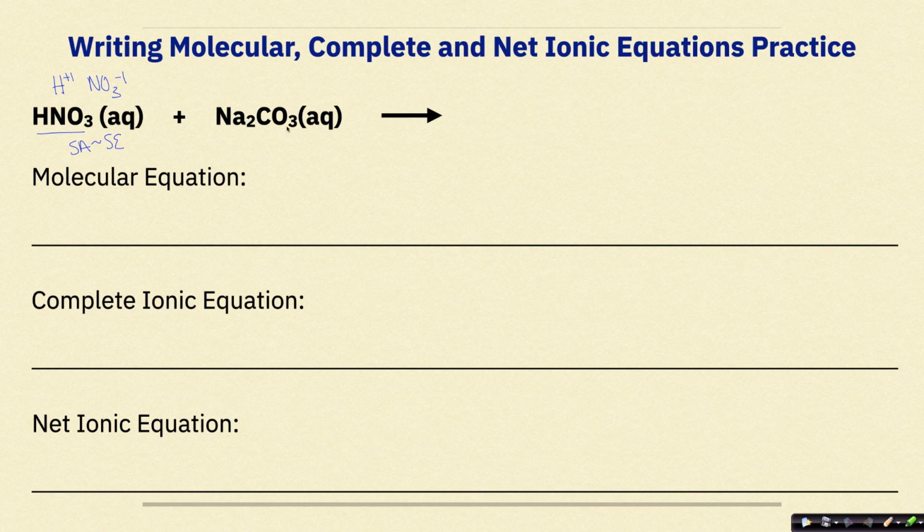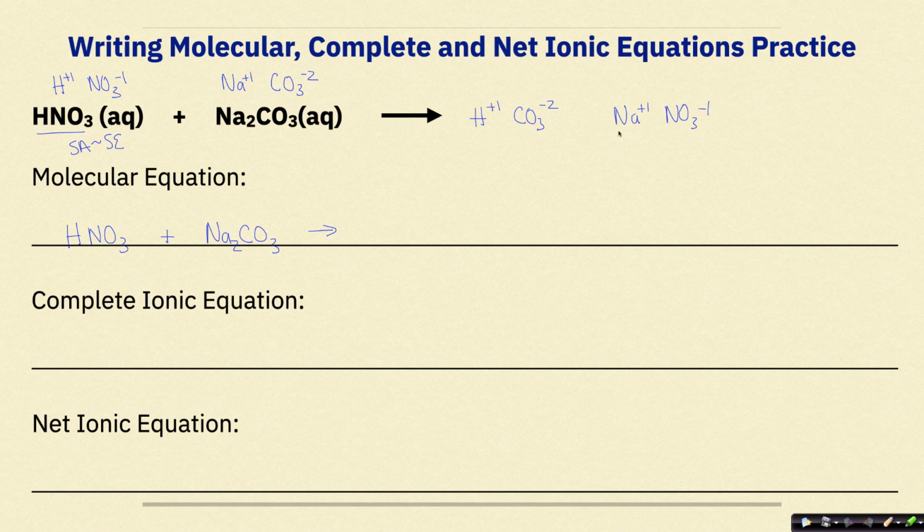And then we have Na2CO3, and we know that is going to be composed of Na plus 1 and CO3 minus 2. So I'm going to recopy my two reactants, HNO3 plus Na2CO3, and then I'm going to say to myself, all right, well, the H plus 1 is now going to go with the CO3 minus 2, and the Na plus 1 is now going to go with the NO3 minus 1.